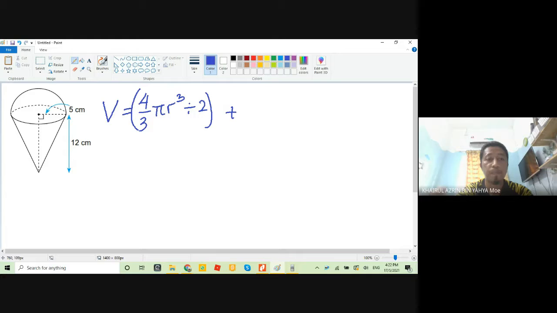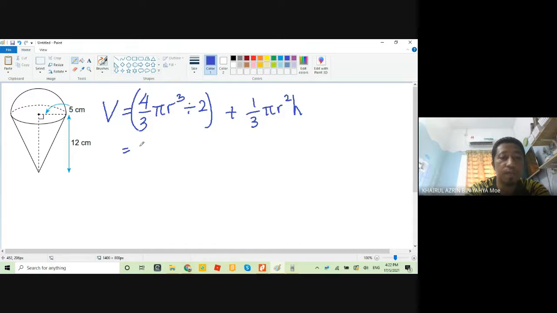The formula for the volume of a cone is 1/3 pi r square h. For the value of pi, for today's lesson I want to use 22/7.